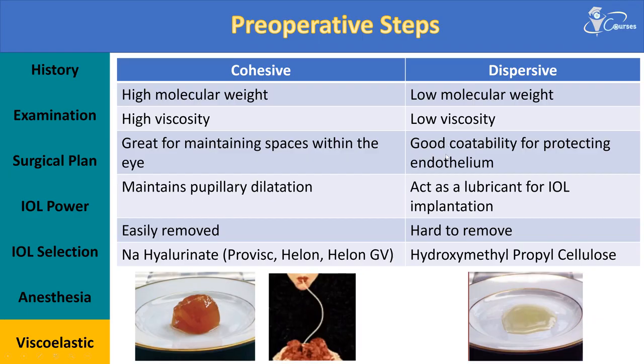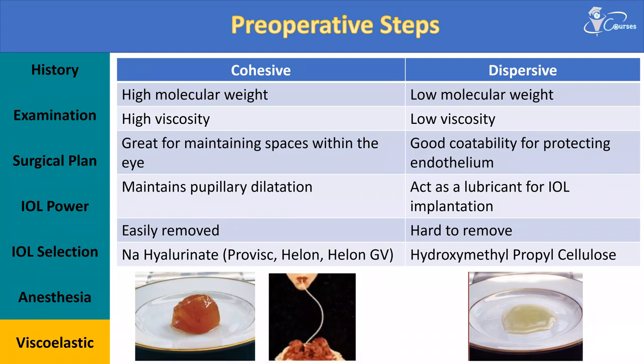For the other viscoelastic, the dispersive, it has low viscosity and low molecular weight, so it has good coatability for protecting the endothelium. It tends to spread easily, so it can protect the endothelium rather than inflate and maintain spaces. So you put it mainly for protecting the endothelium, like if the patient has endothelial guttae or any endothelial compromise.